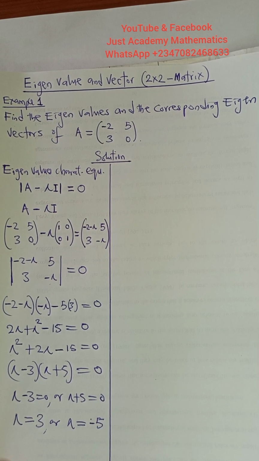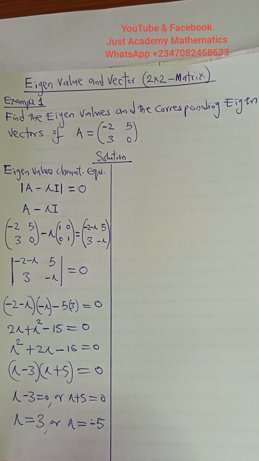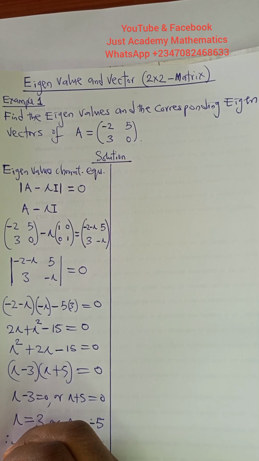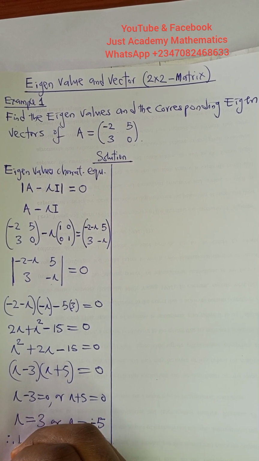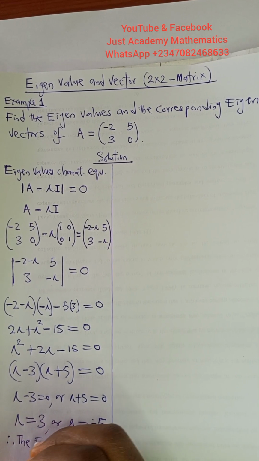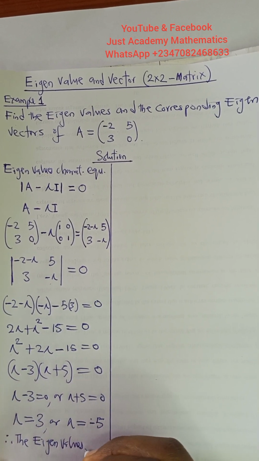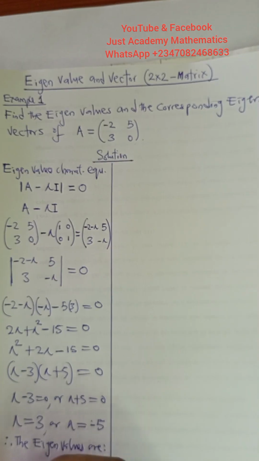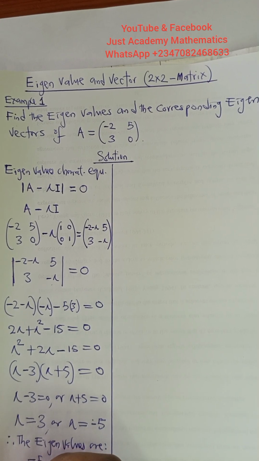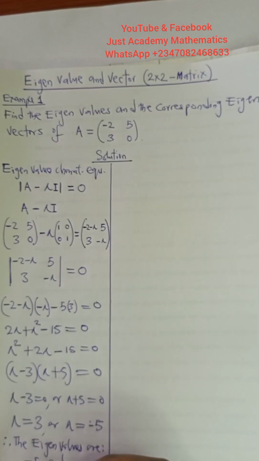Are you seeing it now? So what are we saying? We conclude, therefore, that the eigenvalues are minus 5 and 3.